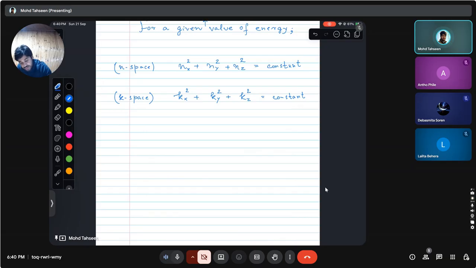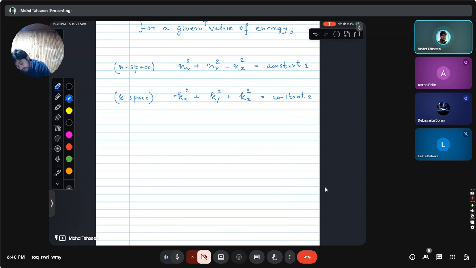This constant, let me call it constant 1 and constant 2, they don't need to be equal. In fact, they won't be equal. But the shapes of these iso energy contours will be spheres in their spaces.